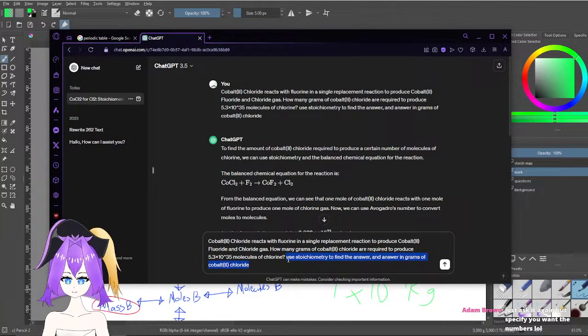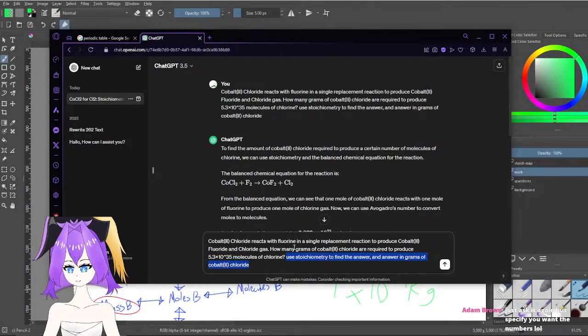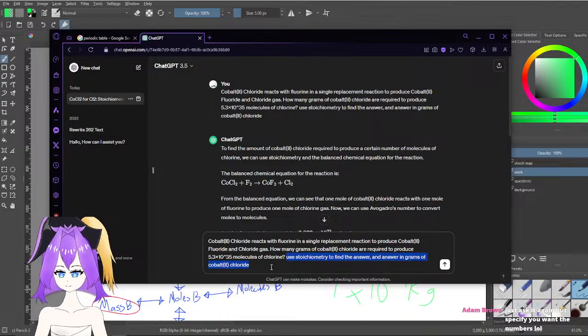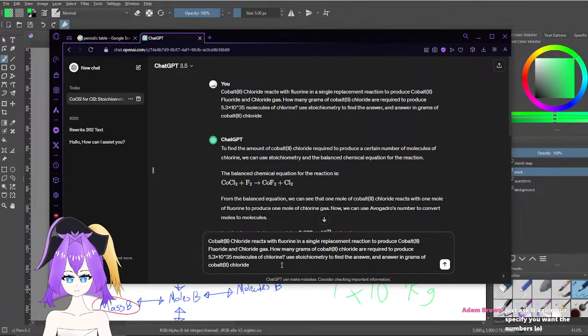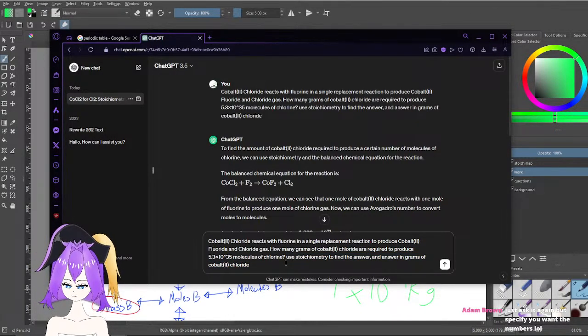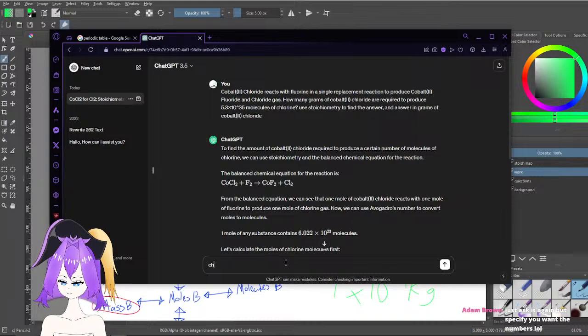I actually did ask it to use stoichiometry to find the answer and answer in grams of cobalt 2 chloride. ChatGPT, what amount of cobalt? I don't know if this thing remembers things.